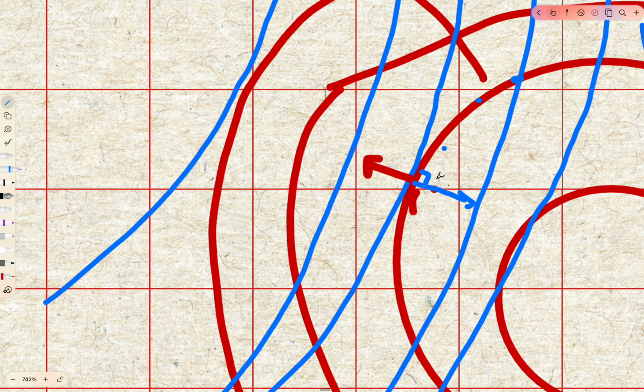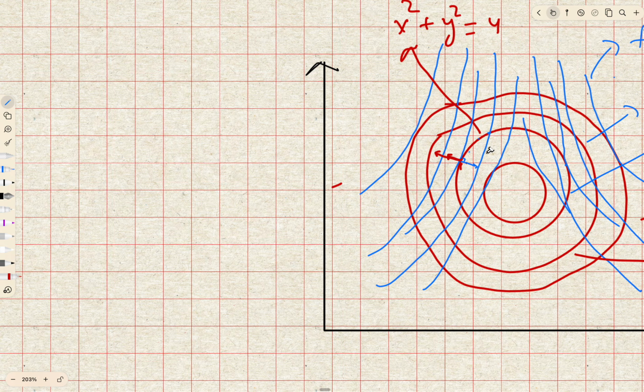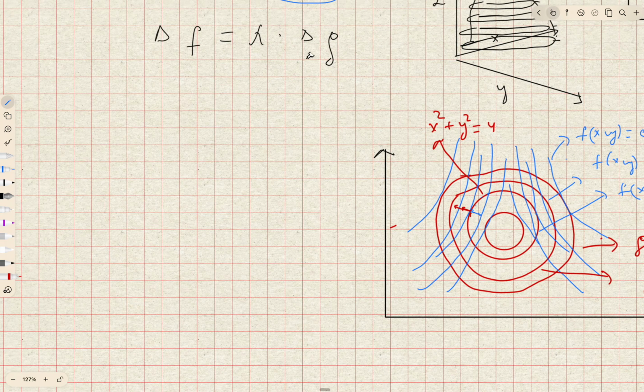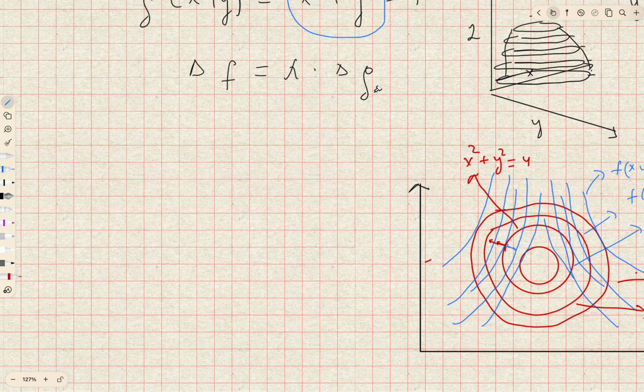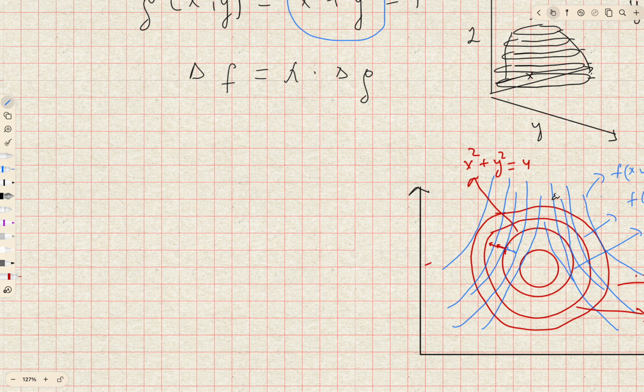Or, for example, this constraint gradient vector is maybe a little bit bigger than our gradient vector of our f. So that's why we need to have this lambda here to account for that scaling issue.